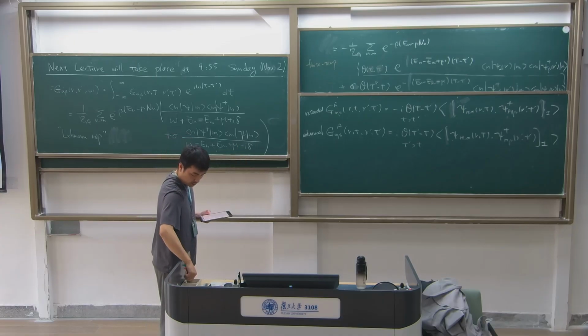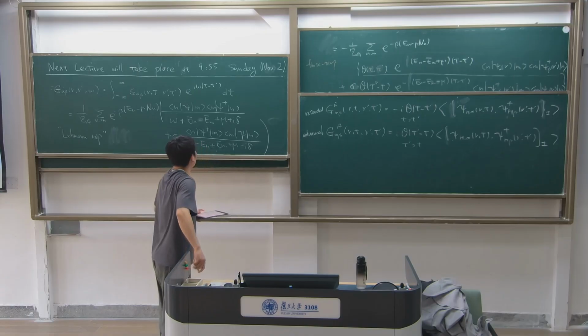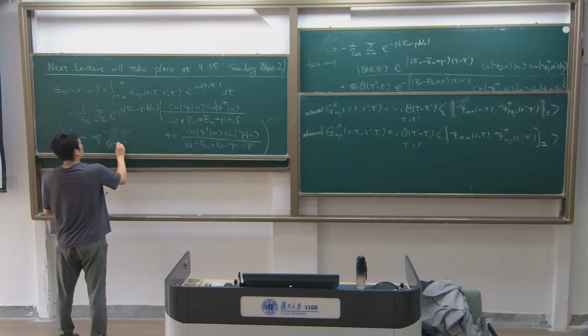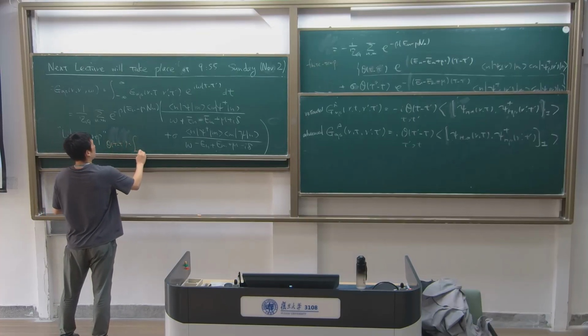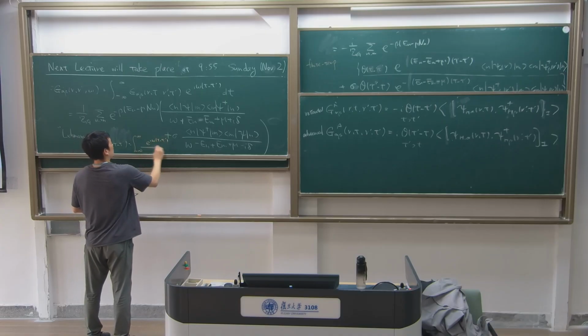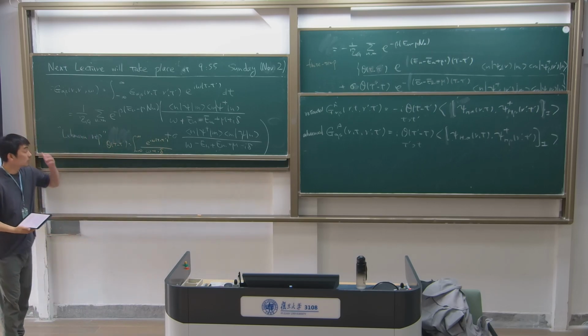To derive this, what we use is the delta of t minus t prime equals the integral from minus infinity to infinity of e to the i omega (t minus t prime), over omega plus i delta. That's what we use.